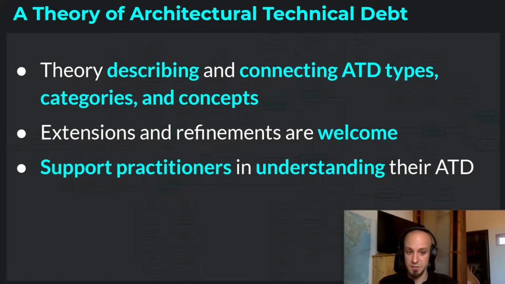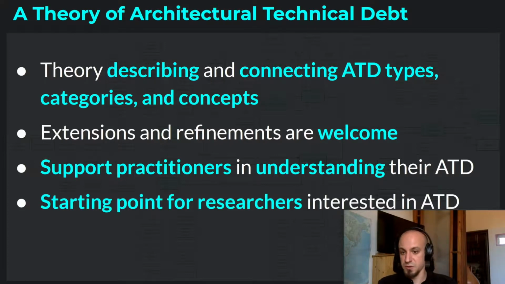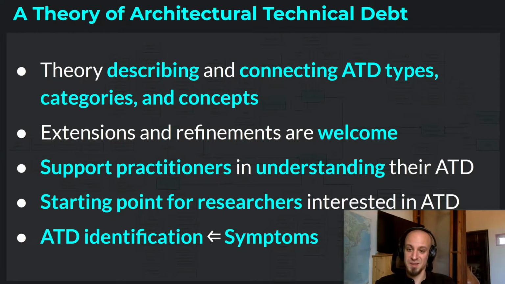We also got contacted by some developers to ask further questions or to confirm our results. And the theory can also be used as a starting point for researchers interested in architectural technical debt. For example, we are interested in architectural technical debt identification, and we believe the symptoms which are presented in this theory can be used in order to quantitatively identify the architectural technical debt which is present in a software-intensive system.